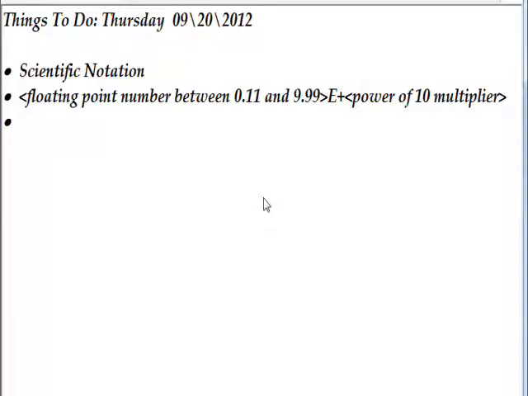But in the case of what we're discussing, we use a positive exponent and then a power of 10 multiplier. So if you had 9.99 E plus 2, that would be 9.99 times 10 to the second power, or 9.99 times 100.